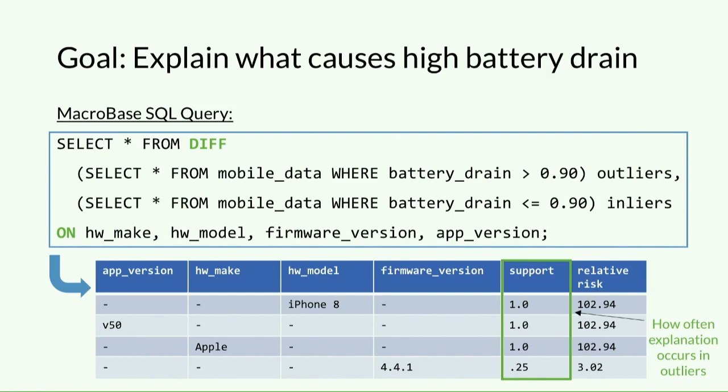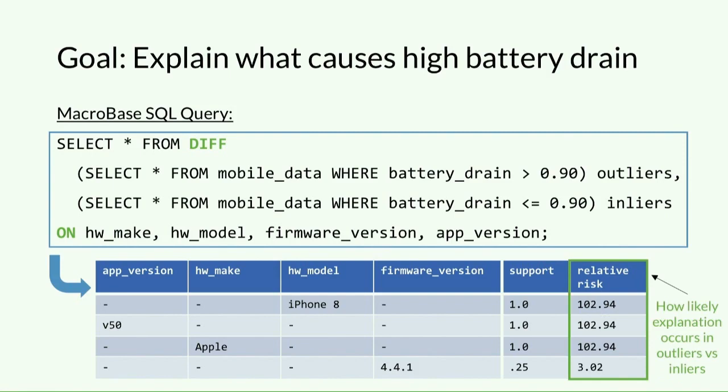And then that second column, the relative risk, is basically a measure of how likely the explanation occurred in the outliers versus the inliers, right? So iPhone 8 was 102 times more likely to show up in the high battery drain case than the low battery drain case, right? That's what that 102 value means, okay? Does that make sense to everyone?